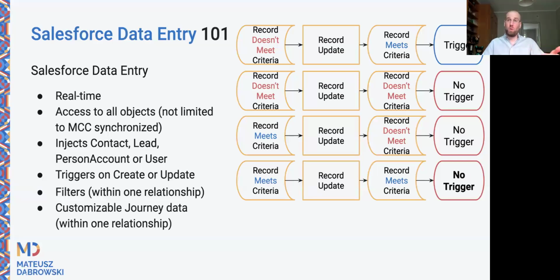This value will be null after the update when the trigger is made to Journey Builder.